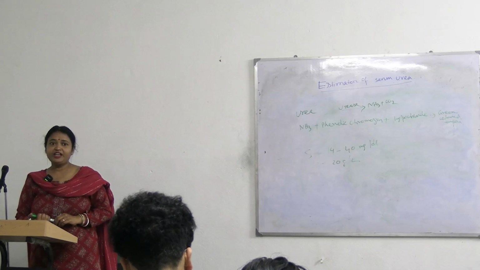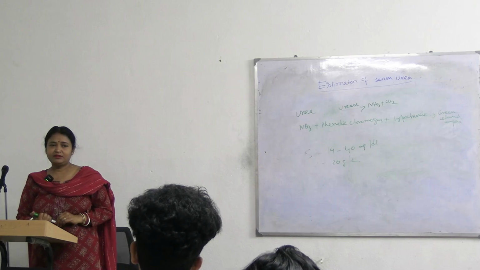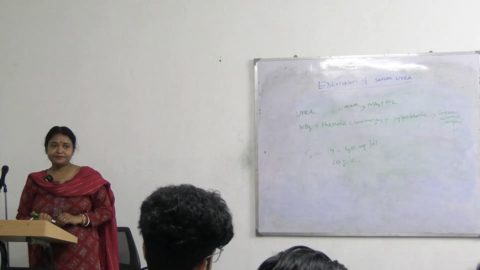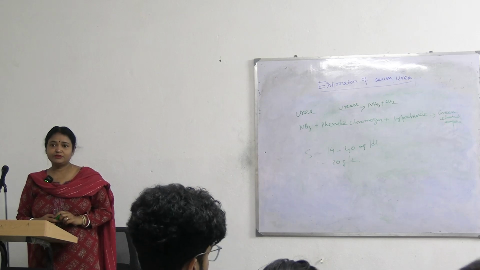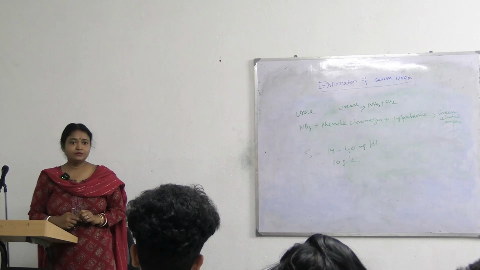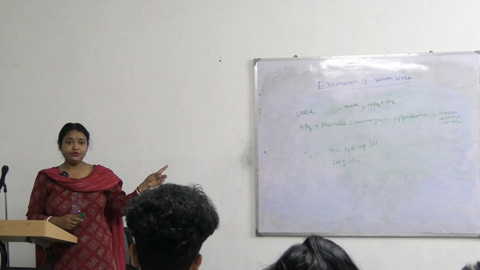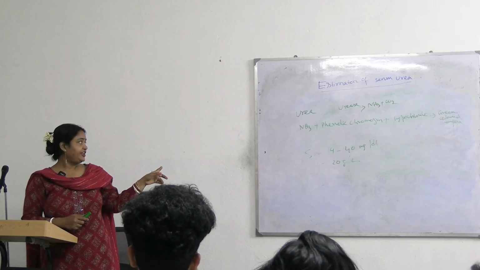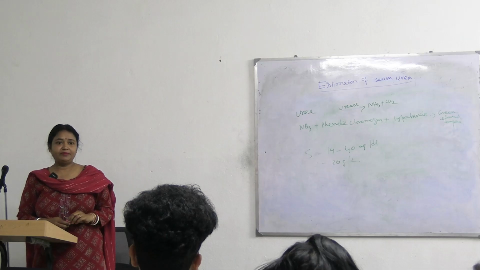So we can measure three samples: plasma, serum and urine. From blood only we get plasma and serum. So the normal level of urea is 14 to 40 milligram per dl in serum, and in urine it is 20 gram per dl.